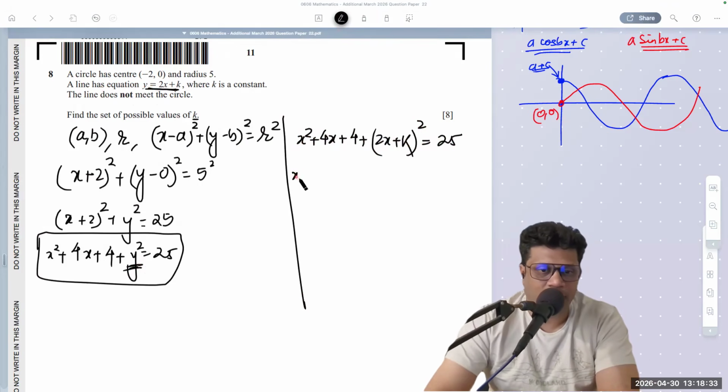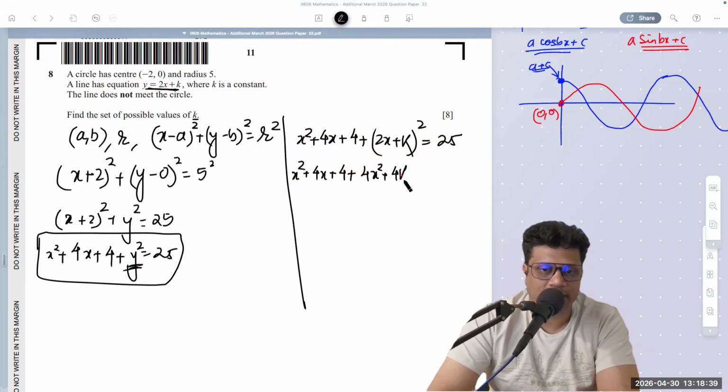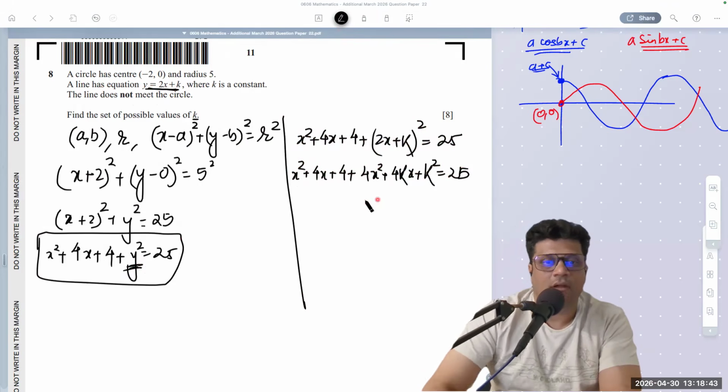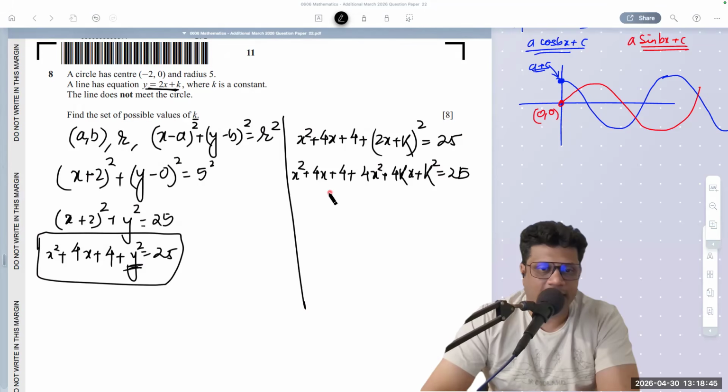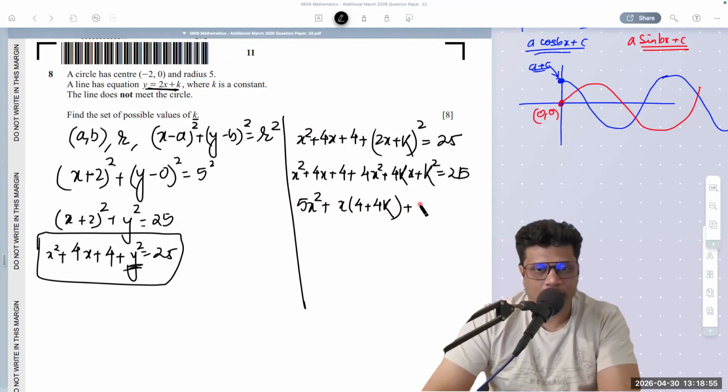So you come to x square plus 4x plus 4 plus 4x square plus 4kx plus k square, and it's 25. Let's rearrange this: 5x square plus x common out, 4 plus 4k, plus 4 plus k square equals 25.